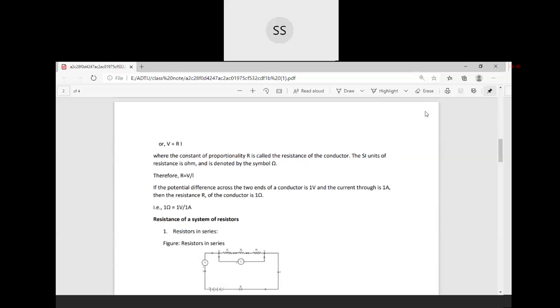Like these two definitions, tell me the definition of 1 volt potential difference.